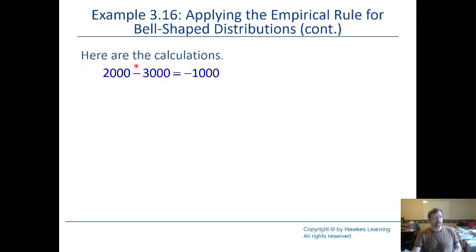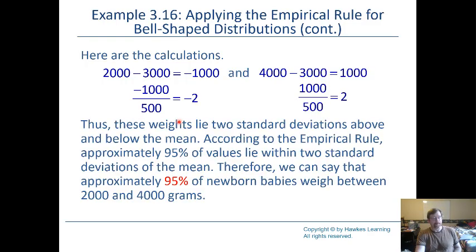So just like I did, there's the mean, it's 2,000, so that's 1,000 below the mean. Divided by our standard deviation of 500, we get negative 2. Same thing on the above side, so we have plus and minus 2 standard deviations, which is 95%.